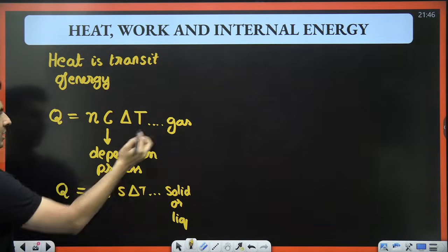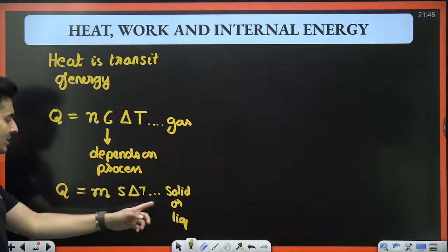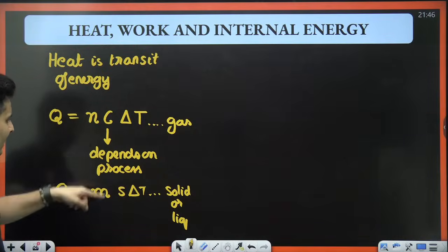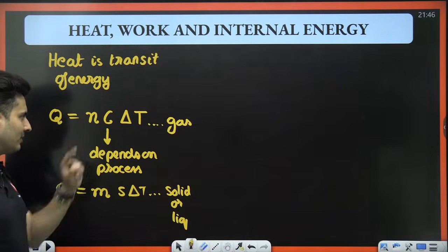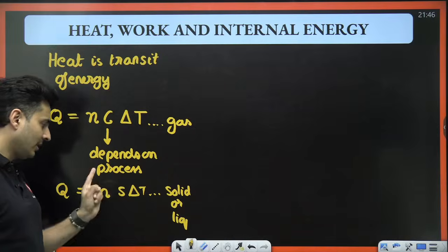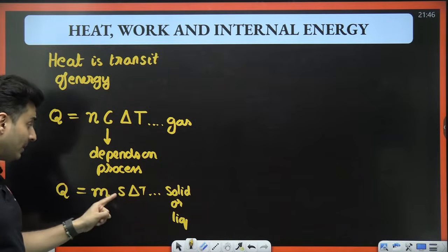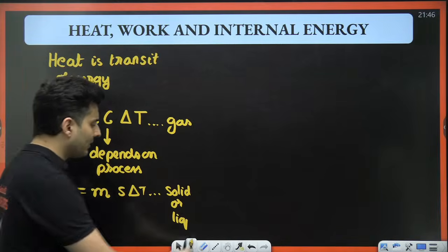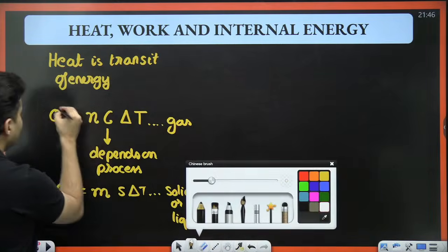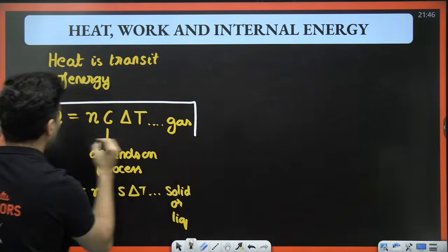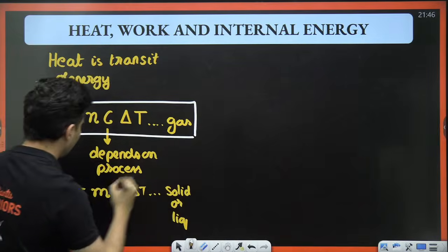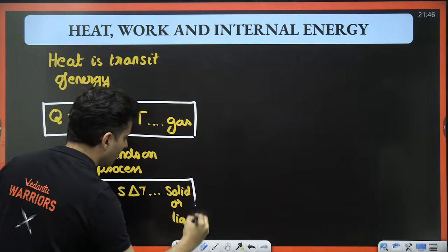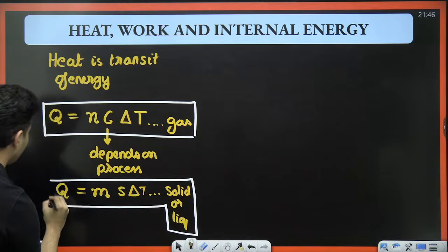So depending on whether you are using it for gas or for solids and liquids, your formula will slightly change. This is molar specific heat capacity. This is specific heat capacity for solids and liquids. This is how heat has been defined.